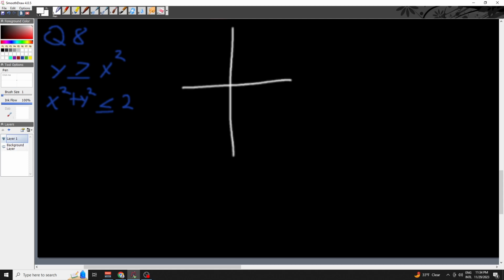The first thing you should know about this is you can treat these as equal signs for the first part, and just use them as graphs. So if we treat this as y is equal to x squared, fun fact, that's just a parabola. Looks like that. And then x squared plus y squared is greater than 2.